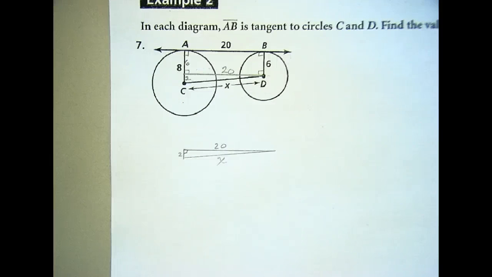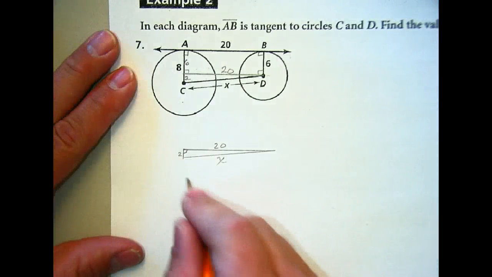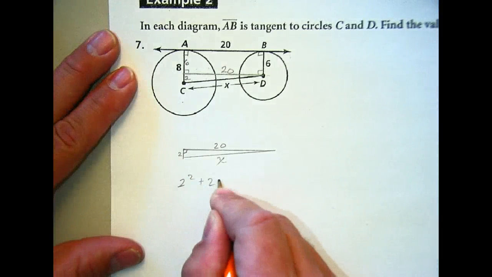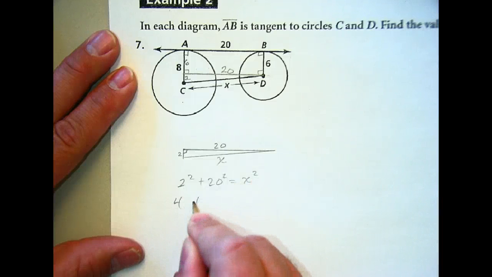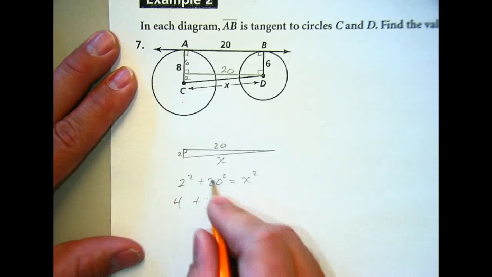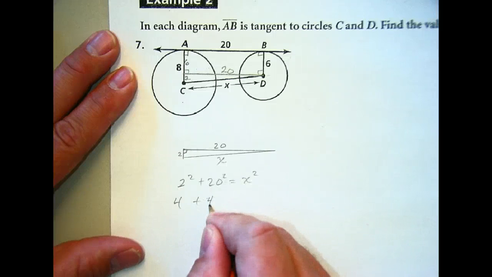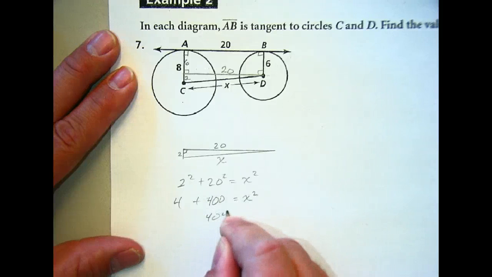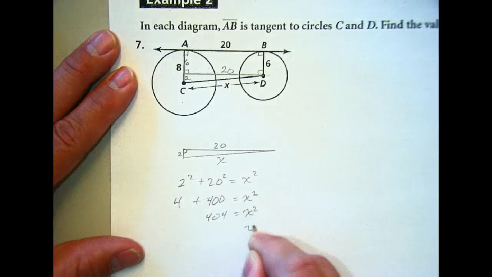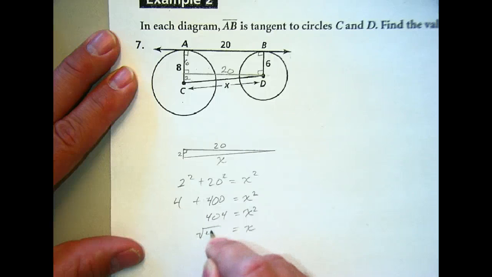A squared, 2 squared plus 20 squared equals x squared. 4 plus 20 squared is 400, plus 4. It's x squared, so 404 equals x squared. So x equals root 404, which is root 4 times root 101, which is 2 root 101.